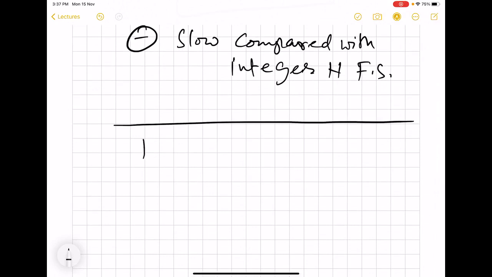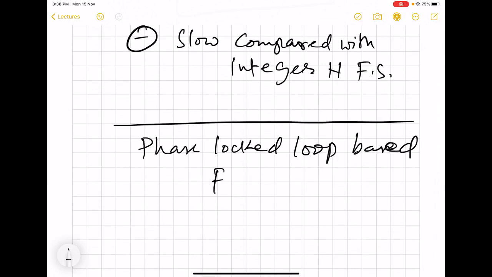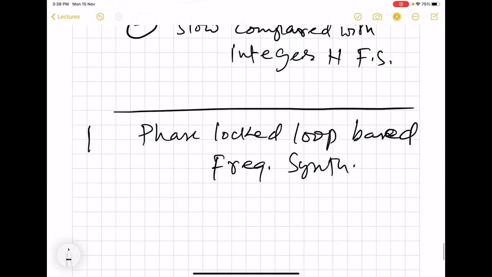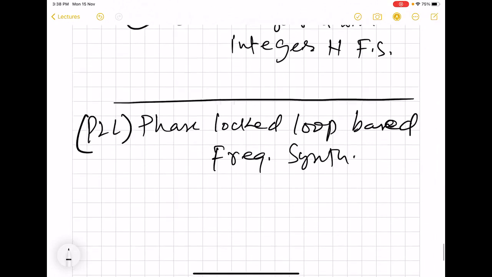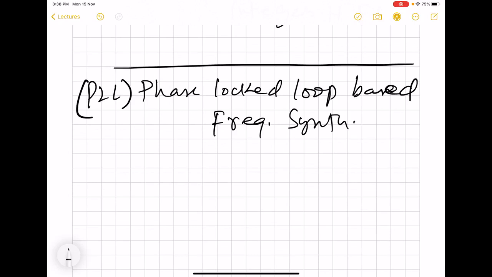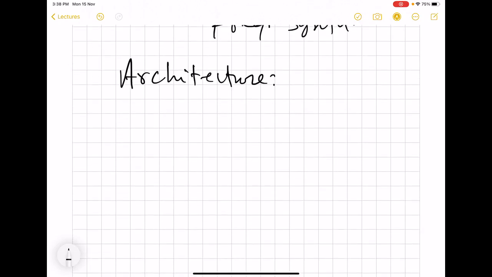That means phase lock loop based frequency synthesizers. So its architecture has a number of blocks.